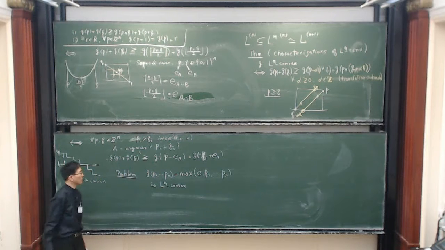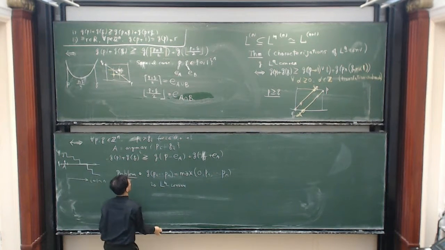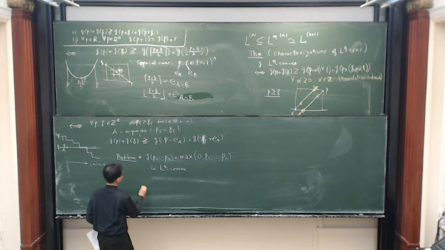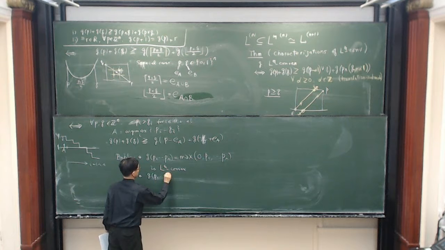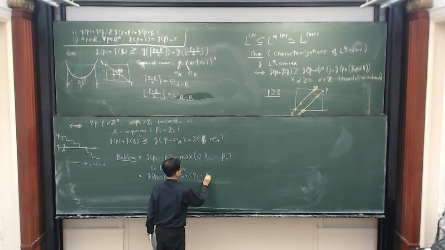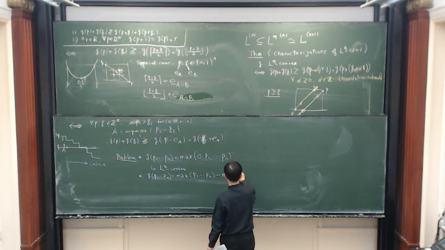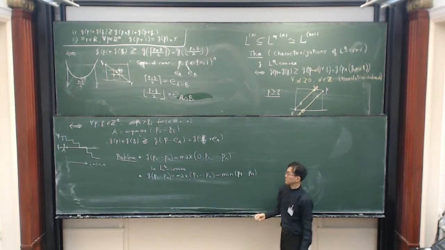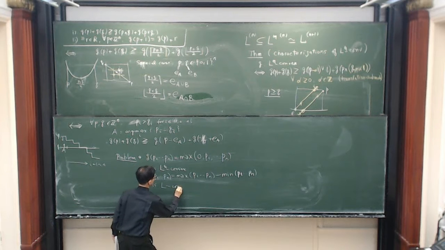Okay. Or g is a difference of the maximum of P1 to Pn minus the minimum of P1 through Pn. The maximum minus minimum. This is an L-convex function.